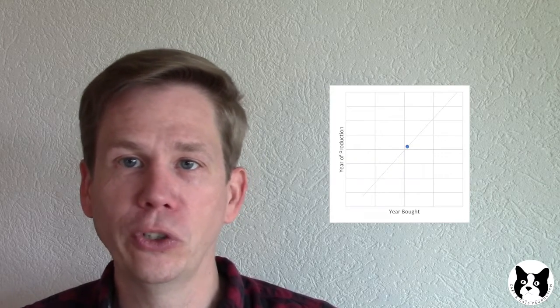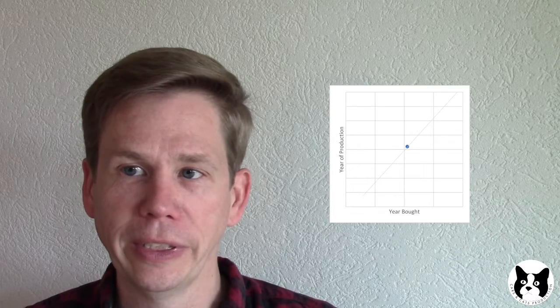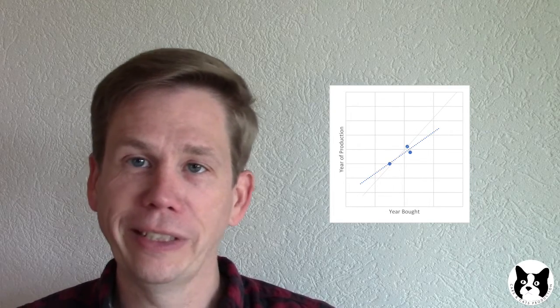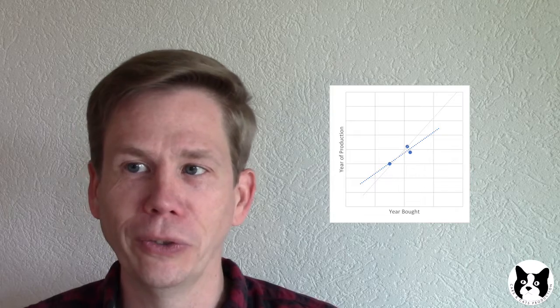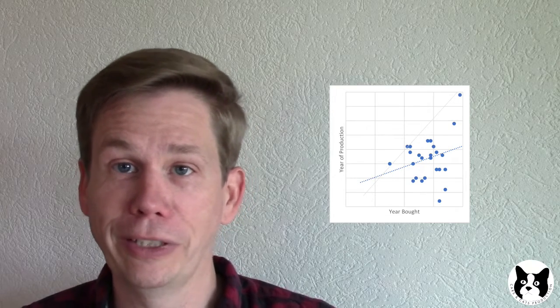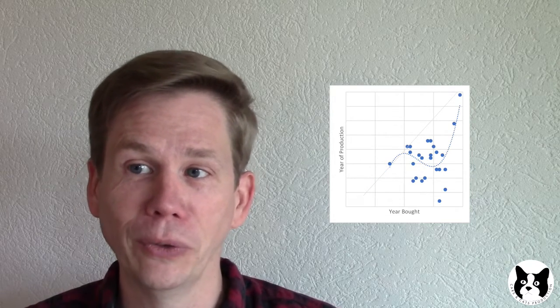Another important point is that just using the data, usually quantitative data, without any context can be a bit dangerous. If I have a single point, I can draw any line I want through that single point. If I have a few points, I still have some choices of which lines I can draw through that. Even if I have lots of points, I still have a lot of choices of which lines I can fit through that.